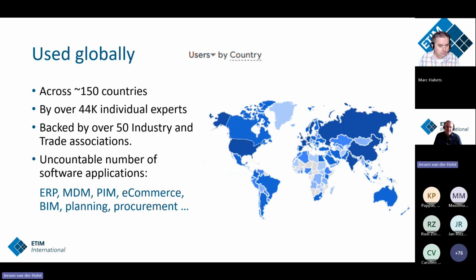And last time we checked our Google Analytics pages, we saw that over 44,000 individual experts from around 150 countries actively consult our data model. We are actively collaborating with over 50 industry and trade associations, and our standards have been implemented in hundreds of applications and platforms.